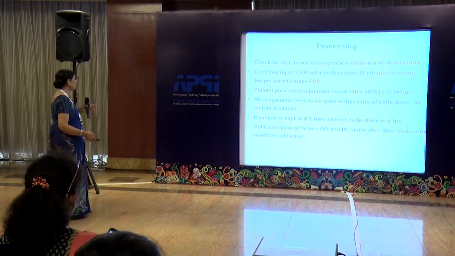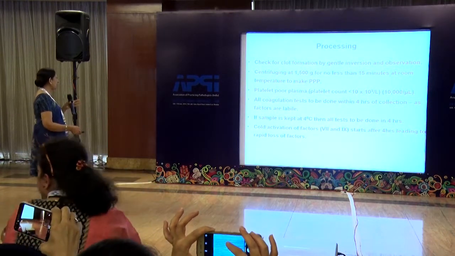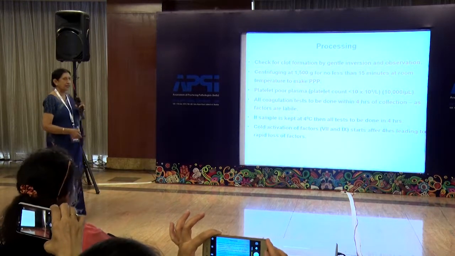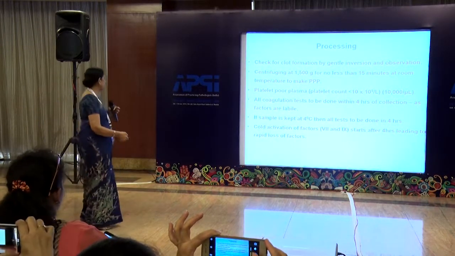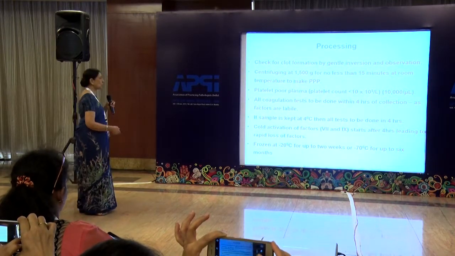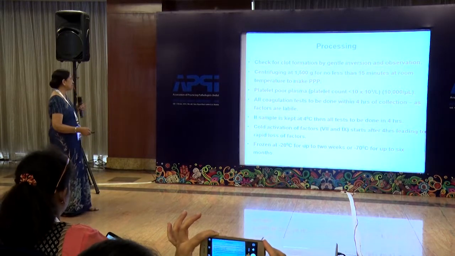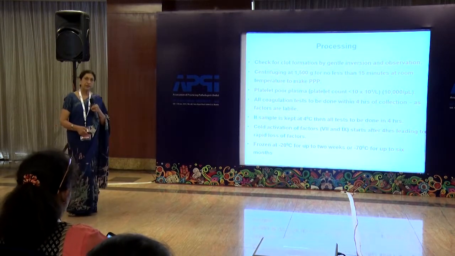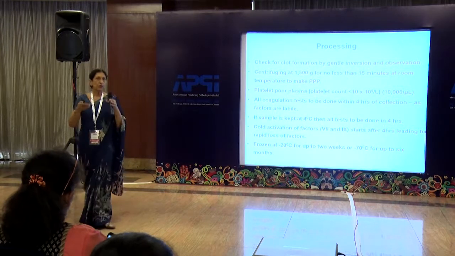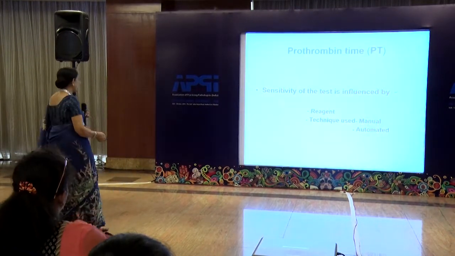A sample, if kept at 4 degrees, can be kept, but keep in mind cold activation occurs of factor 7 and factor 11. If you have to store, please store at -20 for up to 2 weeks and at -70 for 6 months. So you must know what to do with the sample that you have collected.